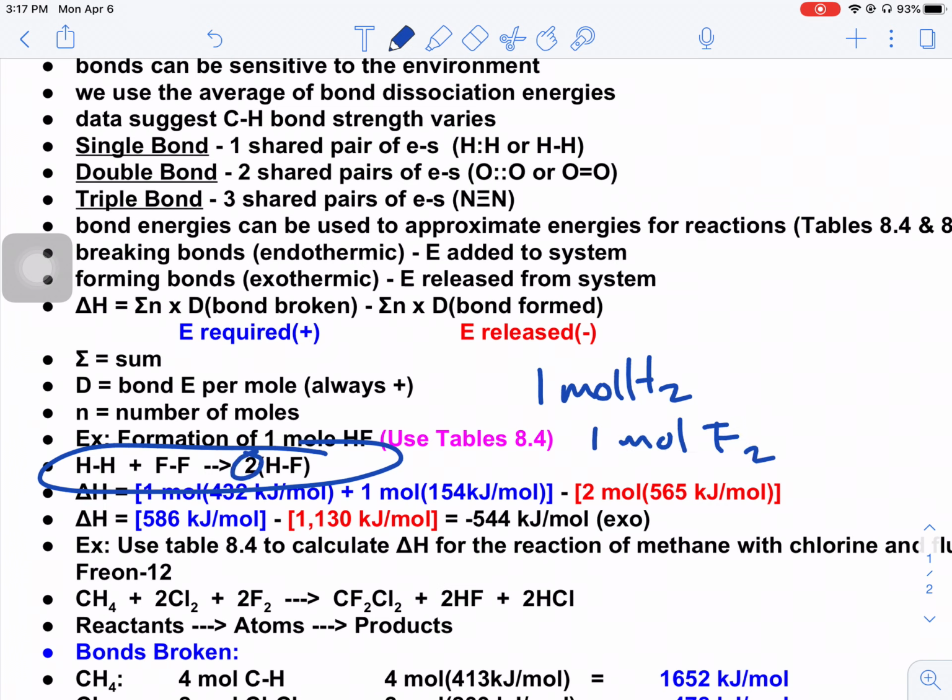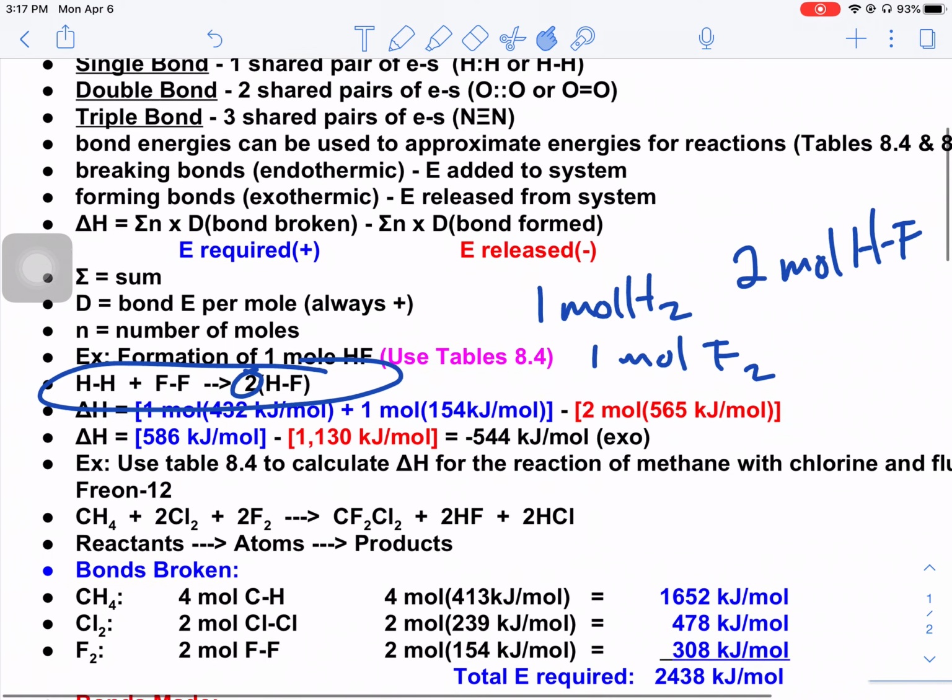Now we do notice that there is a 2 in front of HF. So when 1 mole of hydrogen breaks into atoms and 1 mole of fluorine breaks into atoms, we're going to end up with 2 moles of hydrogen fluoride in this case. So just realize that the coefficients from the balanced equation are going to substitute for the number of moles for our first few examples, okay?